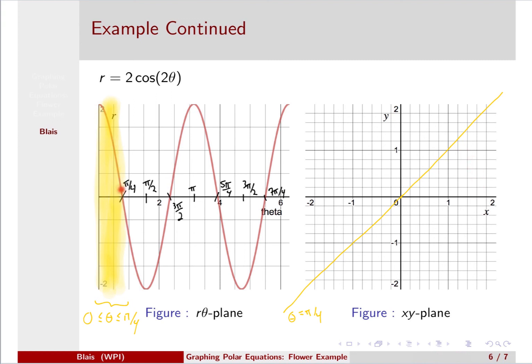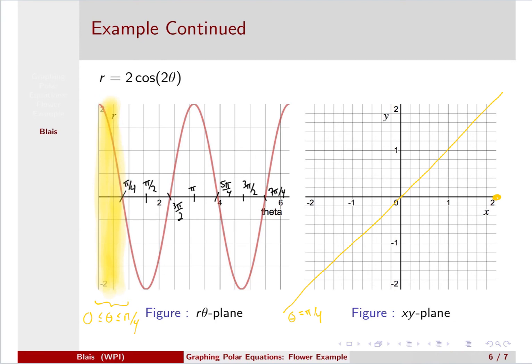And the story that this tells us is that as theta, starting from 0, increases to pi over 4, the distance from the origin, r, begins at 2, and as we increase theta, as we sweep out in this counterclockwise direction, that distance from the origin falls from 2 all the way down to 0.